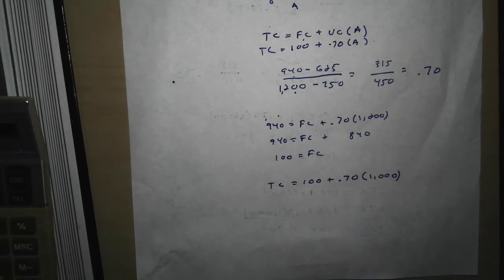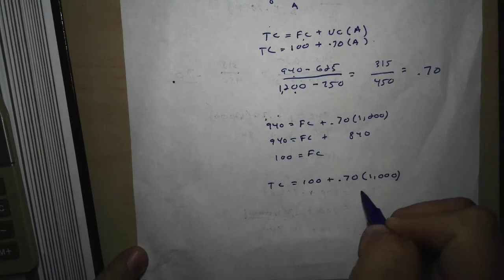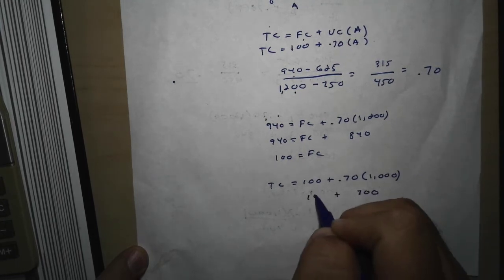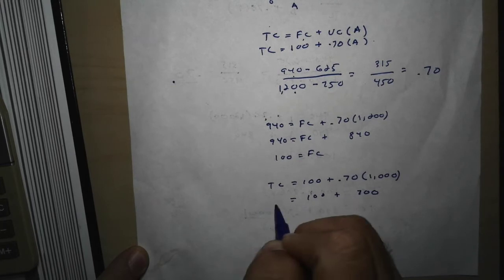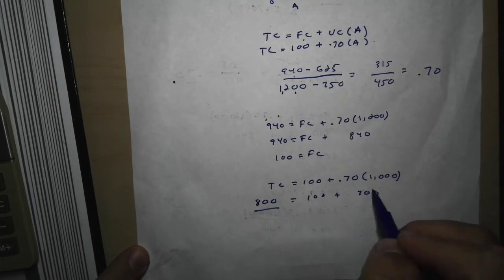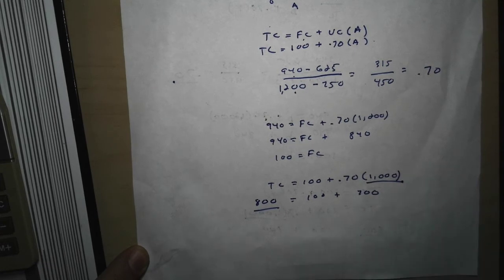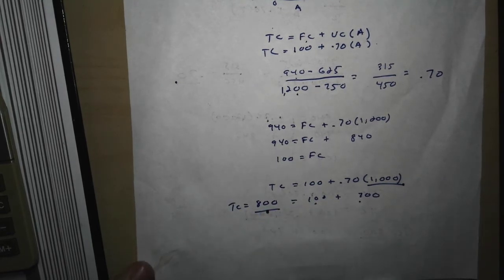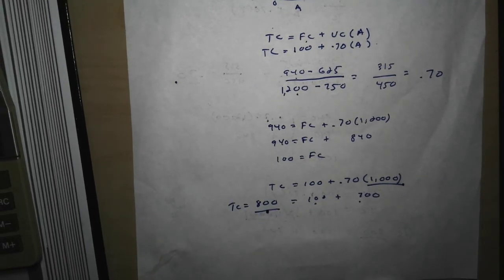All right, so we just go ahead and multiply this out. 0.70 times 1,000 is 700 plus 100. So our total cost is going to equal 800. So at 1,000 units shipped, the $100 fixed cost plus the $700 variable component is going to get us to $800 total cost.